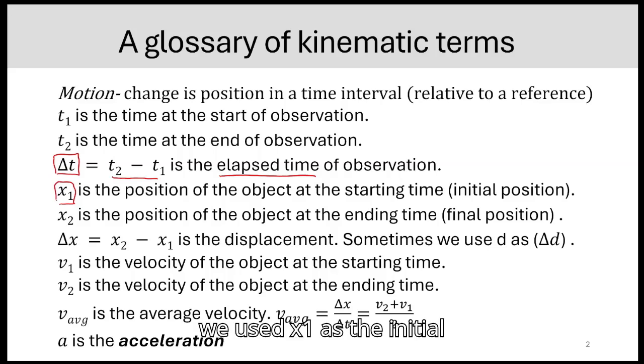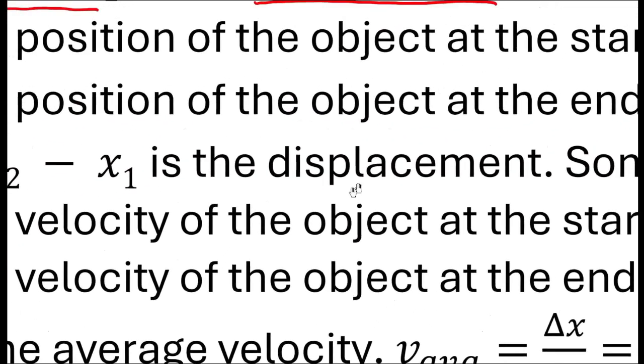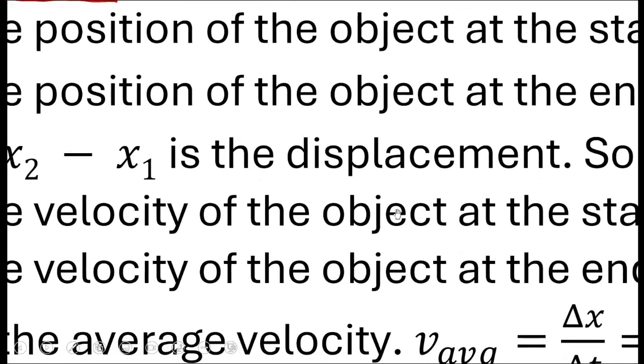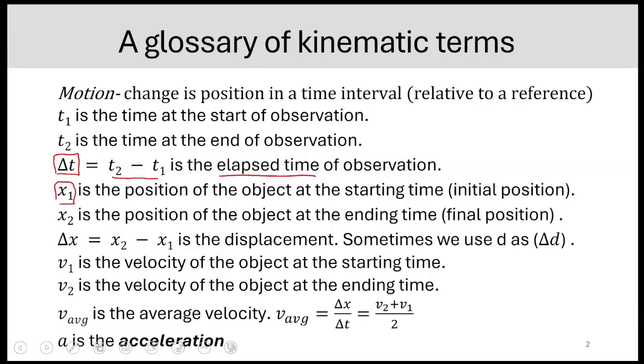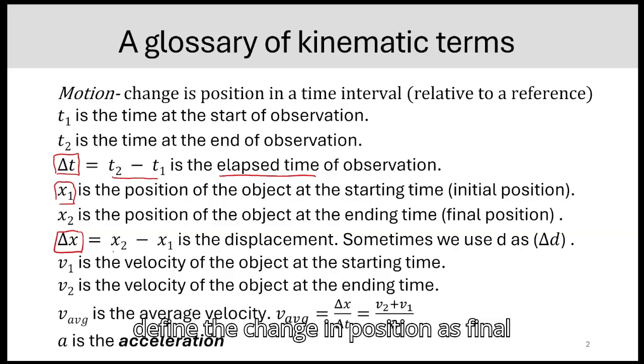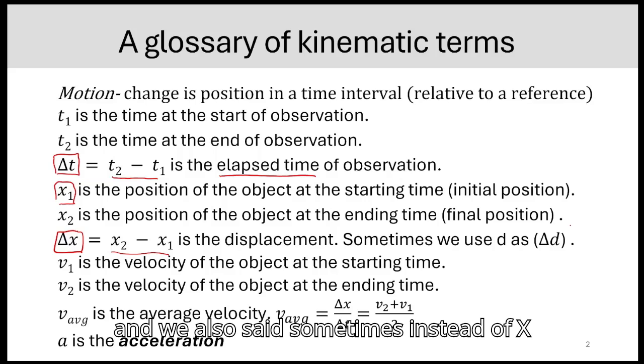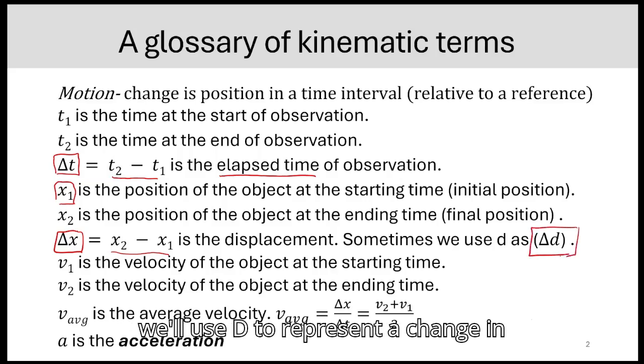We used x1 as the initial position at the starting time, x2 as the final position at the ending time, and again we used this delta x to show the change in position, and we define the change in position as final position minus initial position. And we also said sometimes instead of x we'll use d to represent a change in distance.